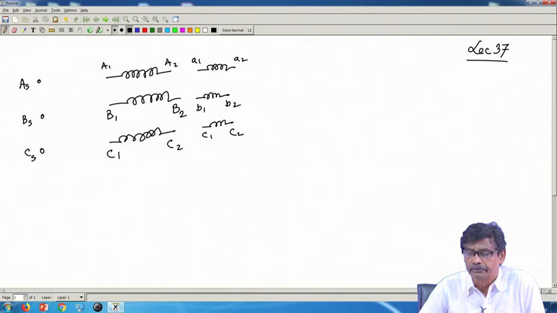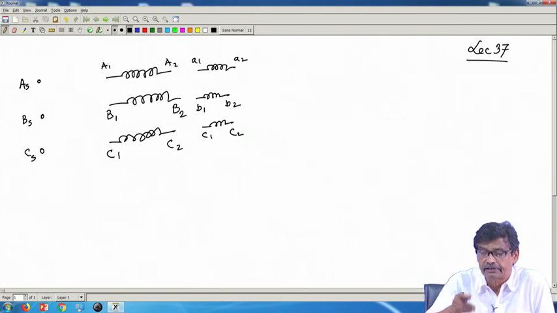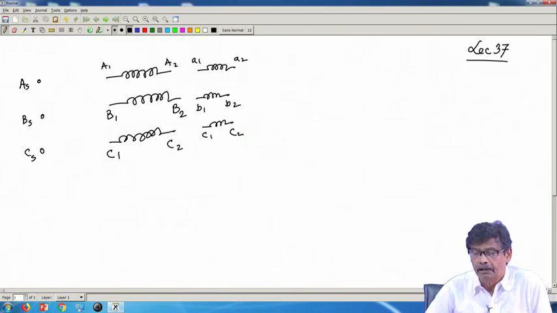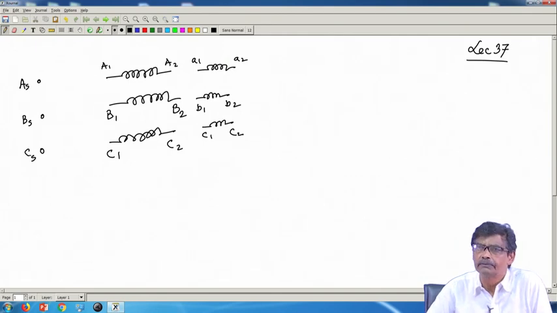And I told you that while connecting the transformer windings in star, either A2, B2, C2 should be shorted, or A1, B1, C1 can be shorted, both valid star connections.